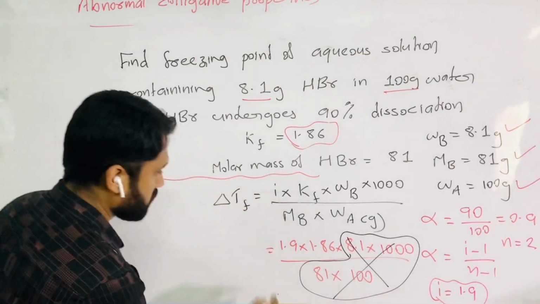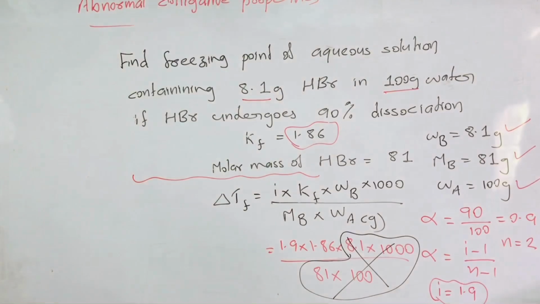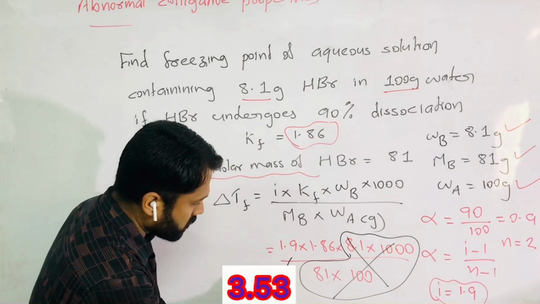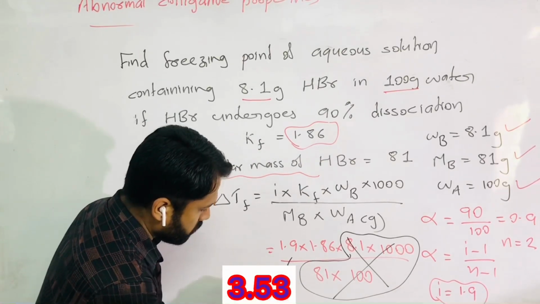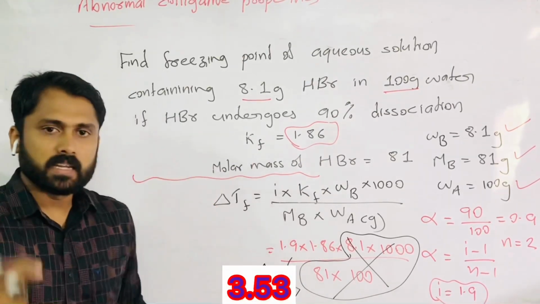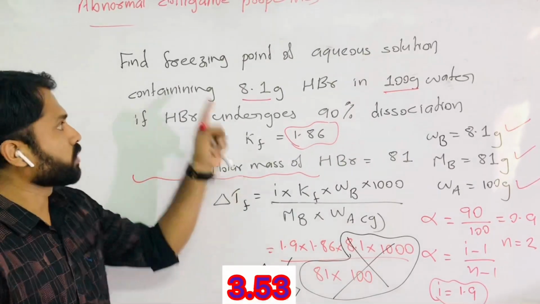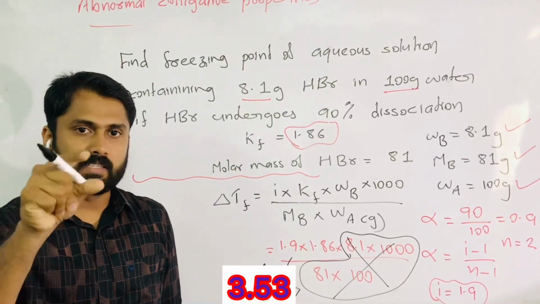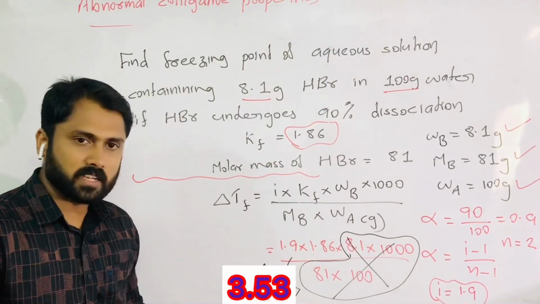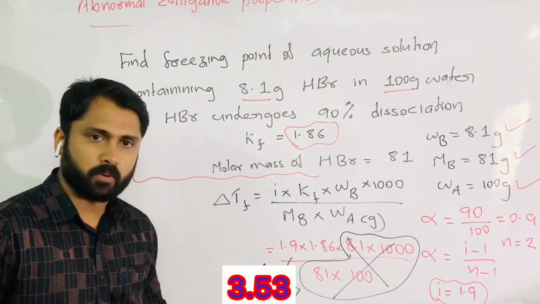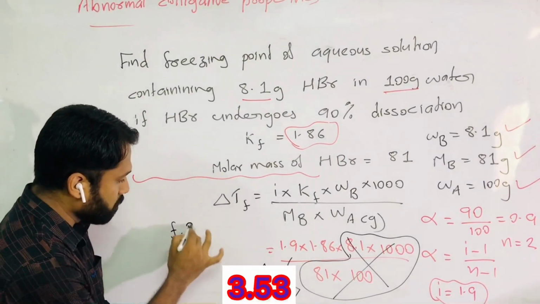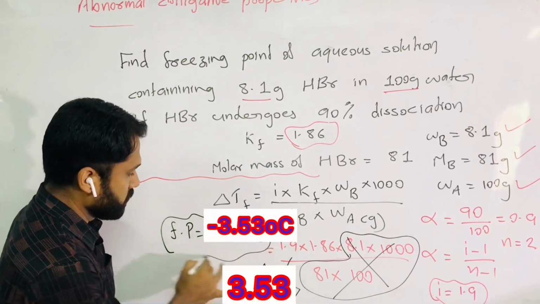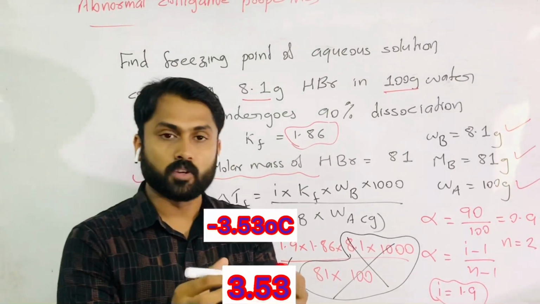The answer is 3.72. But this is the change in freezing point. We have to calculate freezing point of the aqueous solution. Freezing point of water is 0 degrees Celsius. So if it undergoes a depression of 3.72, its freezing point will be minus 3.72 degrees Celsius. So the answer is minus 3.72 degrees Celsius.